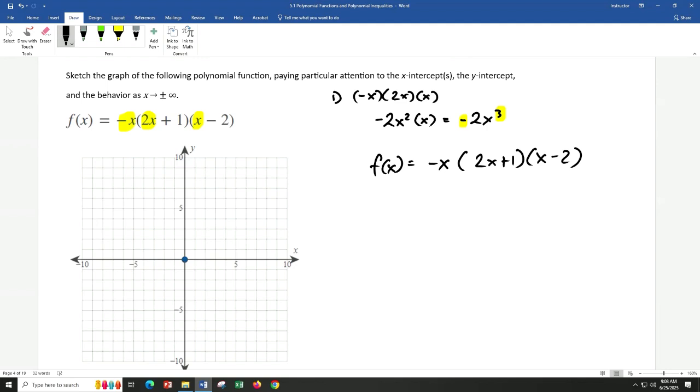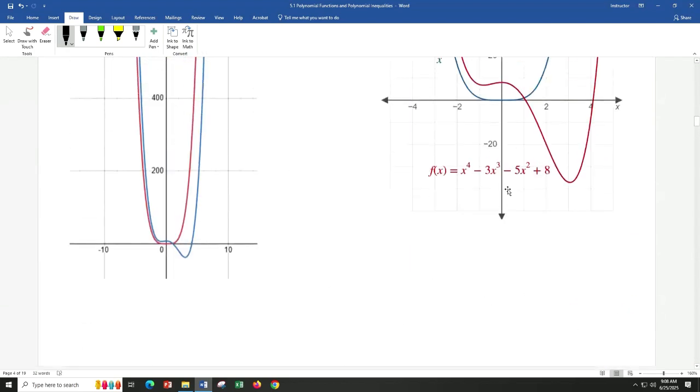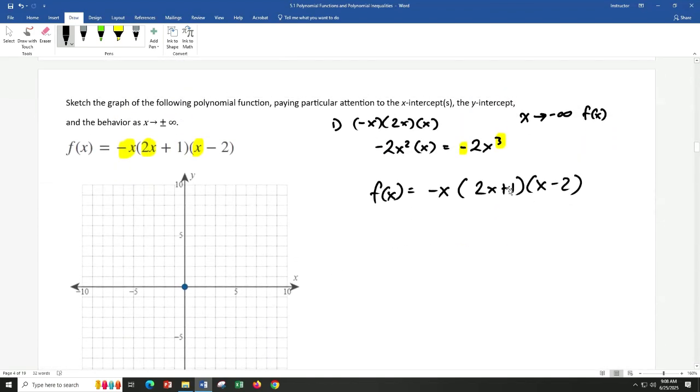So as x approaches negative infinity, my f of x should be what? Infinity? Wait, negative, negative. Want to go up? Look, let me show you. Watch, you're overthinking again. How hard is it to draw yourself a picture? Does it have to be perfect right now?